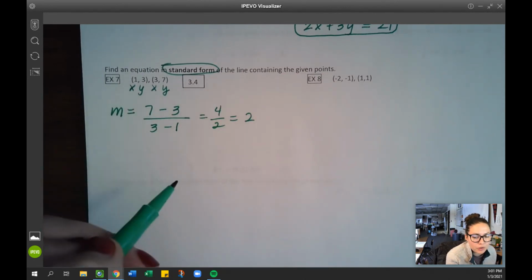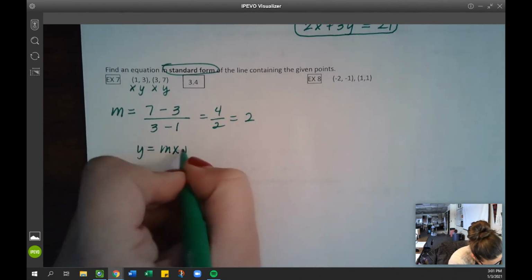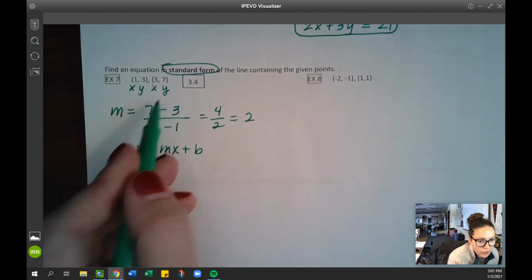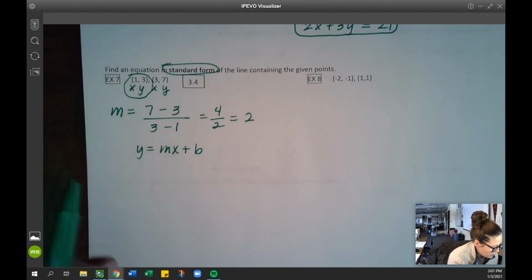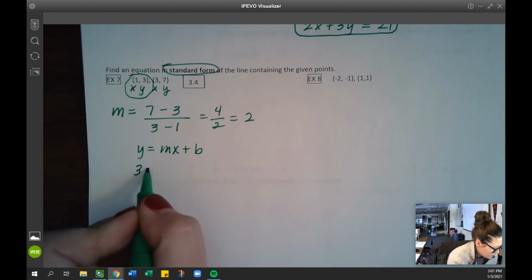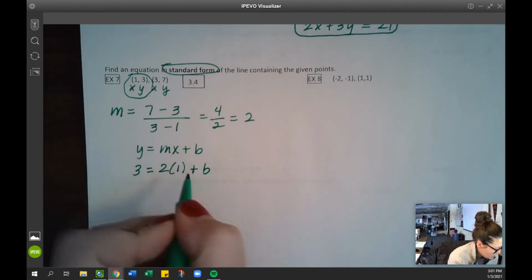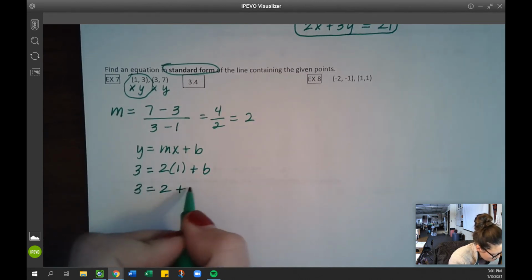Now I have to go through and find my y-intercept. So I know m, and I can pick either one of these points to be my x and y. It doesn't matter. I'm going to choose the first one. Either one will give me the same answer. But y is 3, m is 2, x is 1, b we don't know yet. So we have 3 equals 2 plus b.